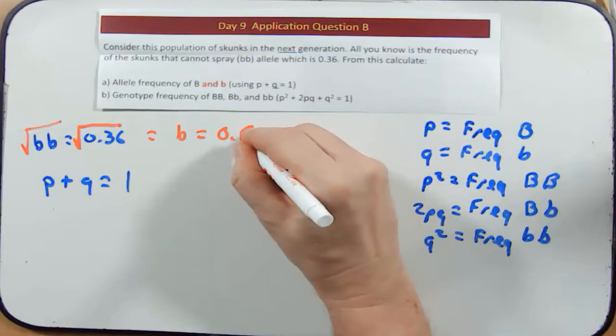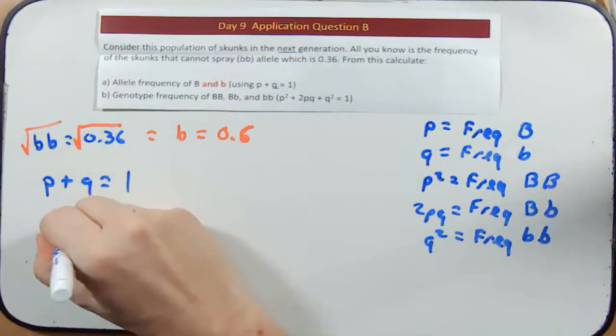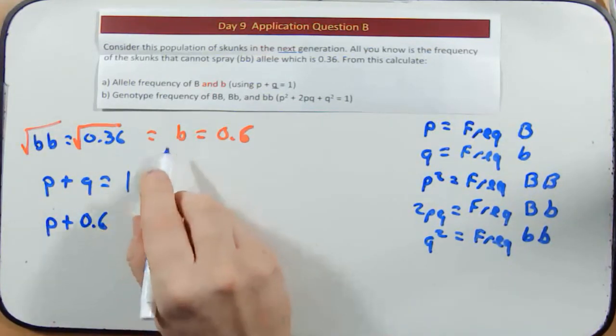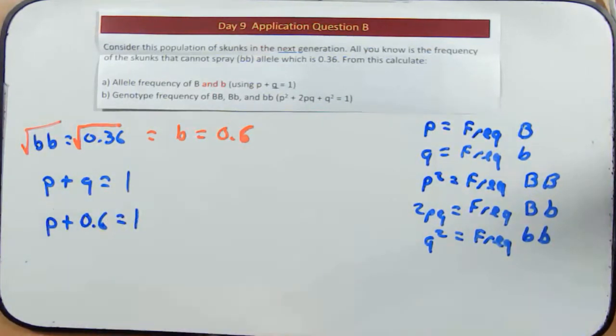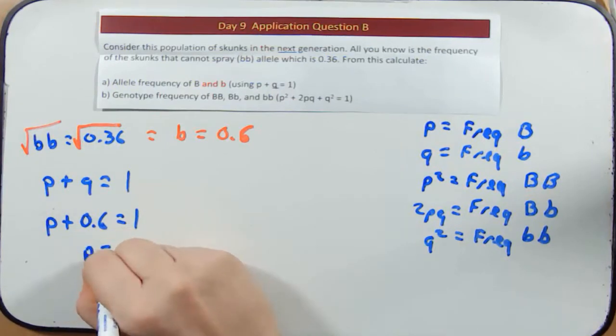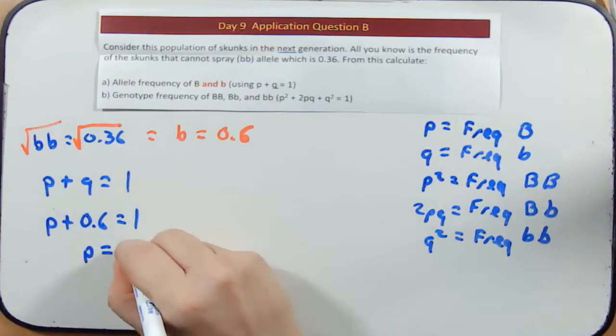So we know that P plus 0.6, which we just calculated for the frequency of the little b allele, is equal to 1. To figure out what P is, all we have to do is subtract 0.6 from each side. So P is going to be equal to 1 minus 0.6, or 0.4.